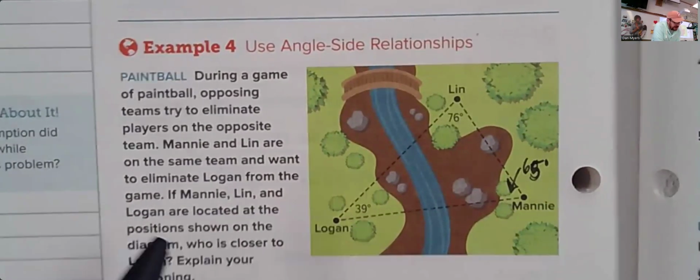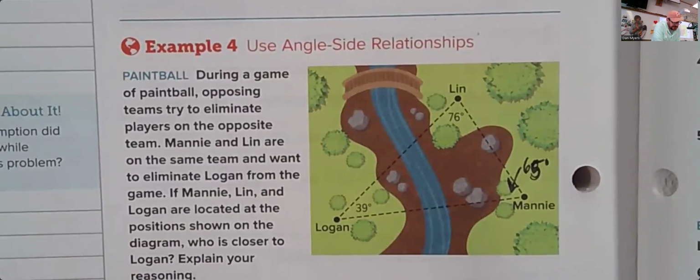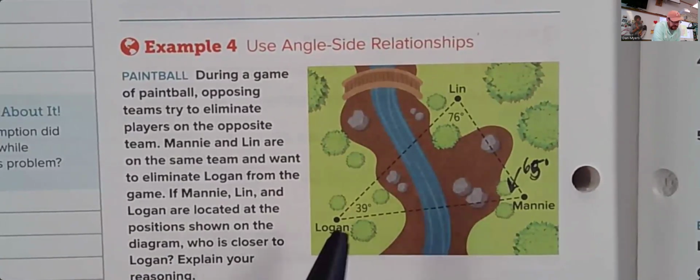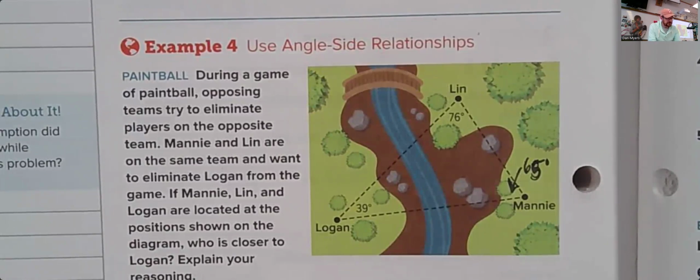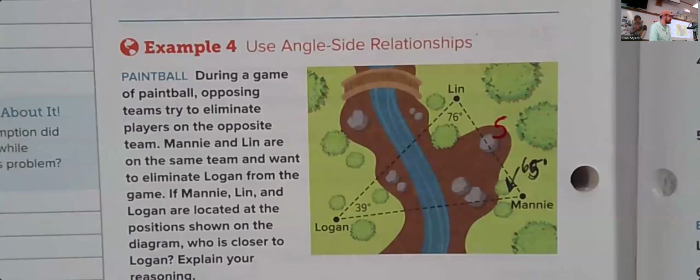And it's trying to figure out where Manny and Lynn are located. Okay, who is closer to Logan? Is Manny or is Lynn closer to Logan? So the shortest side is here, right? That's the shortest side. The longest side is going to be across from who?